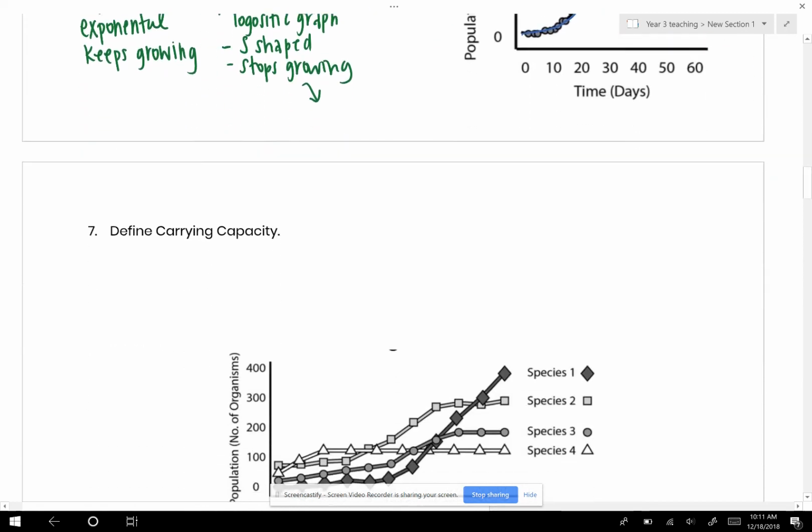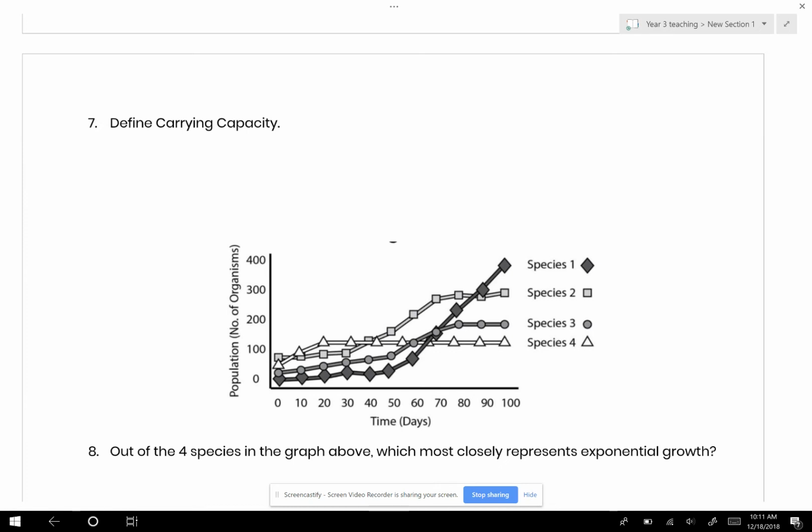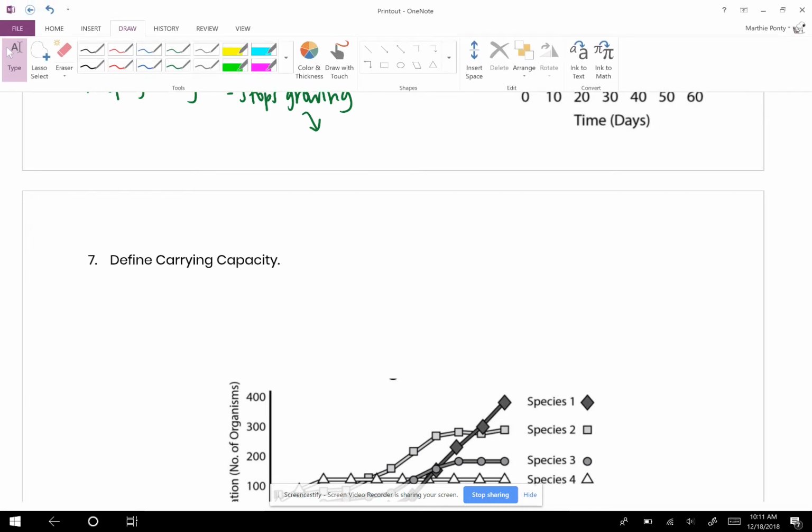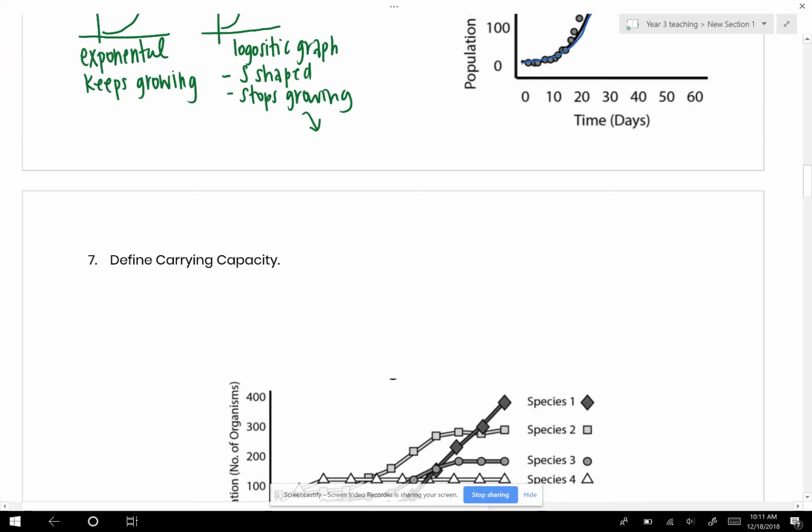Right, so the next thing they ask us to do is define what exactly carrying capacity is. There are a couple of things that you guys should know, right?